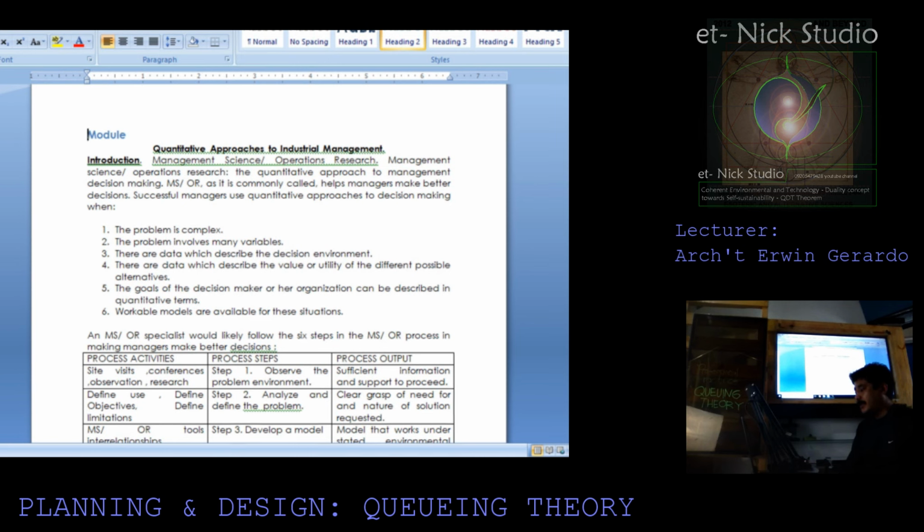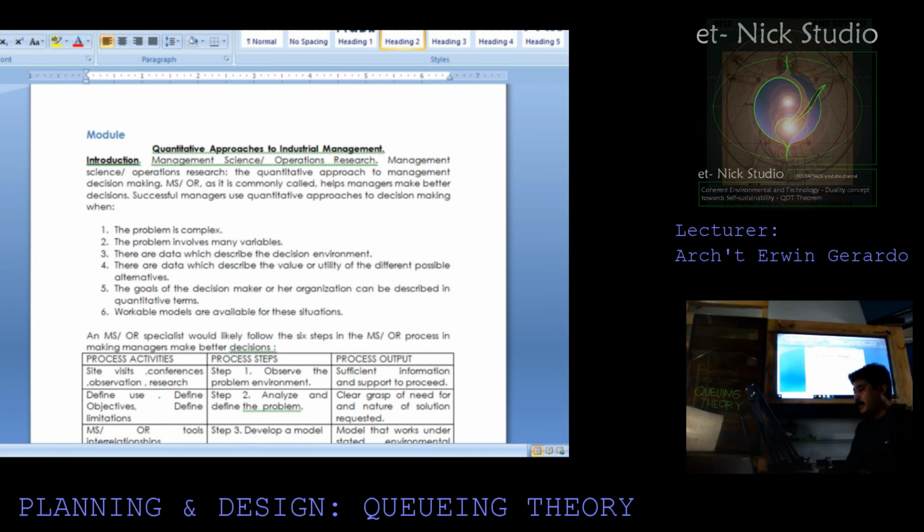So when is it needed? First, when the problem is complex. Second, the problem involves many variables. Third, there are data which describe the decision environment.